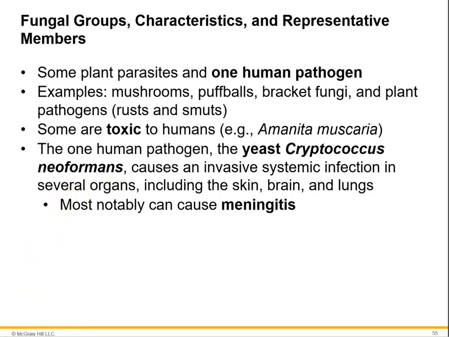Now, Cryptococcus is a yeast, and it can cause an invasive systemic infection. So it can get into your bloodstream and infect a bunch of different organs, including the skin, the brain, and the lungs. But classically, you see this as meningitis.